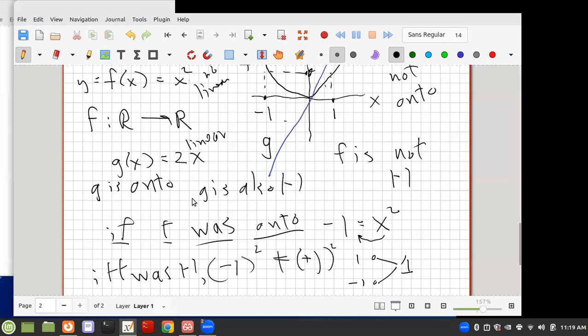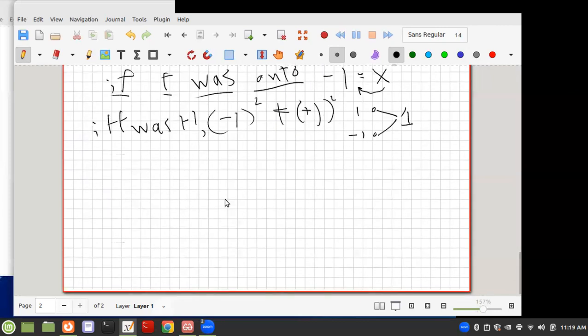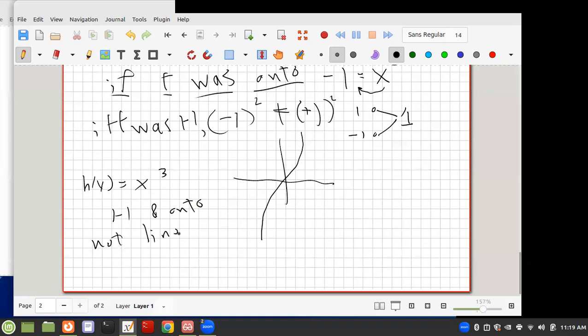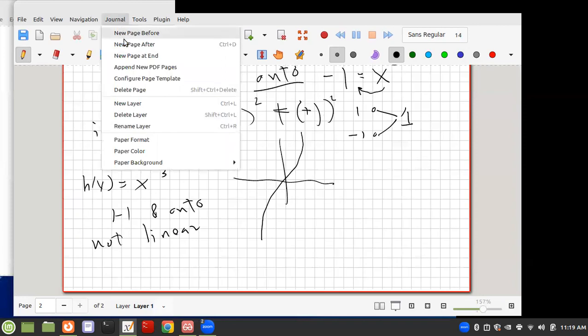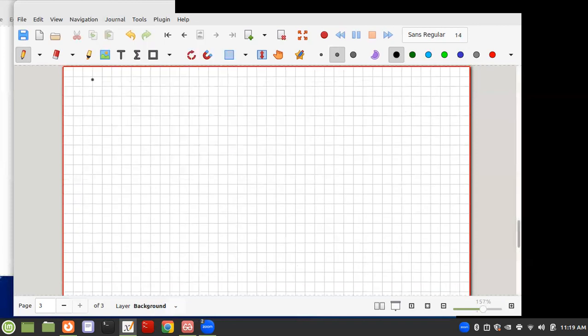It's sort of the graph of x cubed. h of x equals x cubed would be something curvy. So this map is 1 to 1 and onto, but not linear, right? So what we're going to be interested in is linear maps.